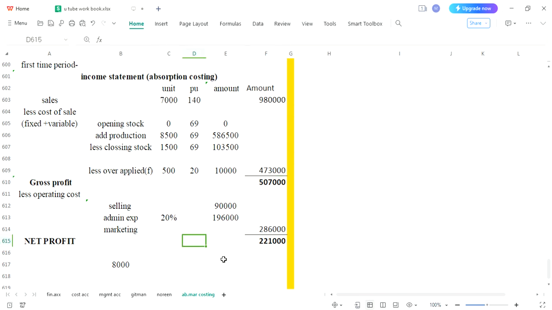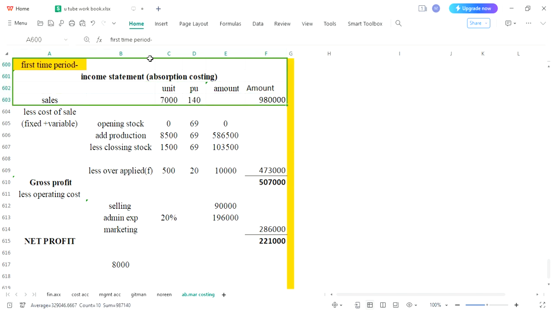Answer is matched. We will go to the second part of the question, and for that first we will mention this part as completed. So first part is now completed. There is little ease for me.